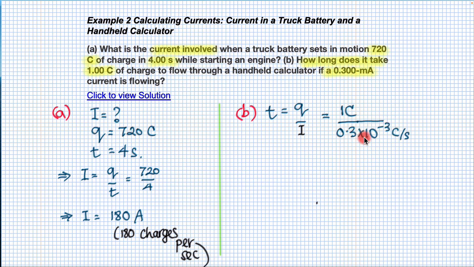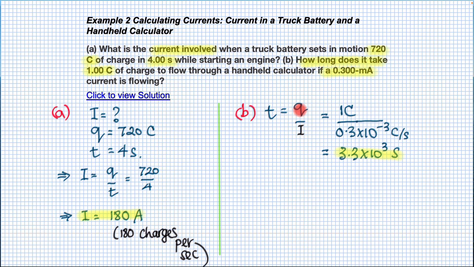Now again, please note here, because this is milliamps, the multiplier is 10 to the minus 3. So that'll be a current of 0.3 by 10 to the minus 3 coulombs per second. And that gives us 3.3 by 10 to the 3 seconds. So that's how long it takes 1 coulomb of charge to flow.